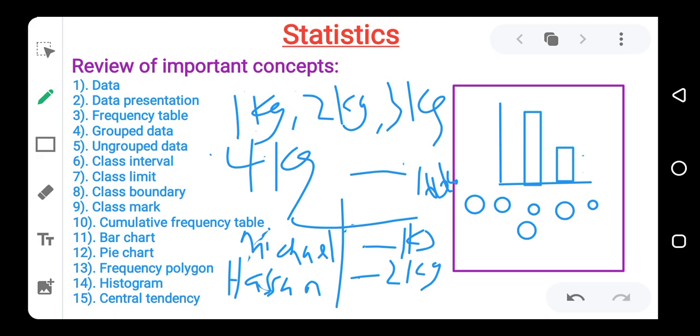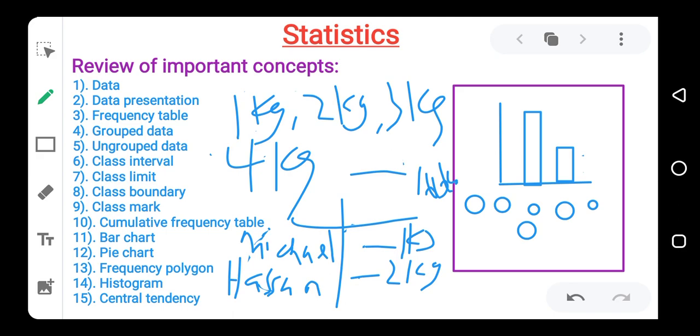So listing all the students and their weights is what we call ungrouped data in this form, where each person has his own weight, or each of the objects goes with its own frequency.